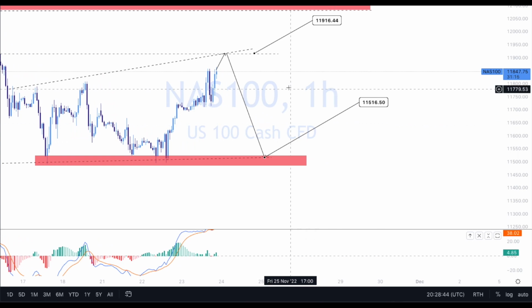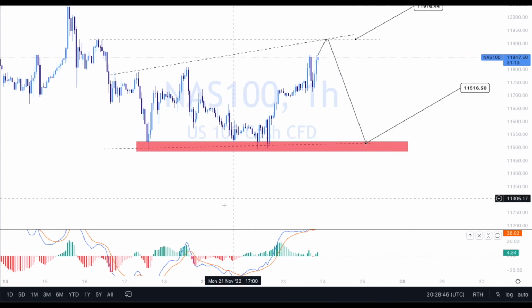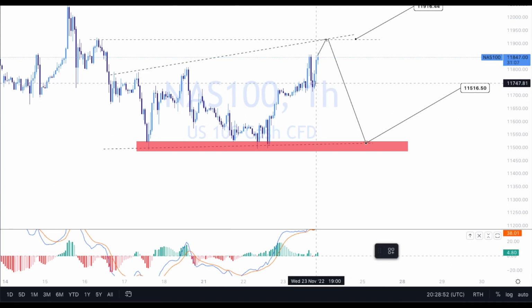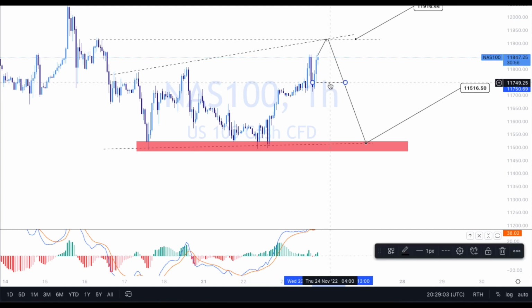I can see price pushing up right now. The smart place to put any type of sell stop order would be either around here, around this level where I've just hit, or this level right here.